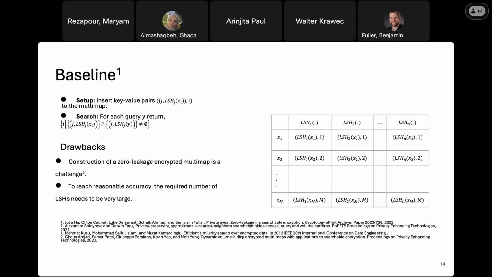Can I just privately query the database with each of my LSH values and ask the database if I get a match? So does PIR just solve this problem?